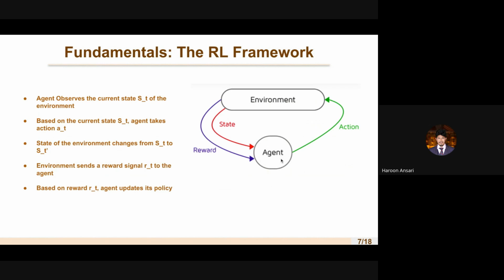When it updates the policy, it has to be according to some algorithm. There are different kinds of algorithms that exist in the RL, and they all play a part here. As soon as it observes the change in the state and the reward, the algorithm tries to improve the policy.